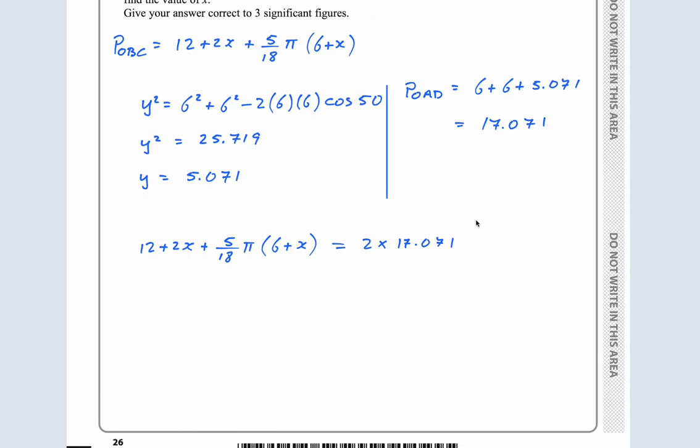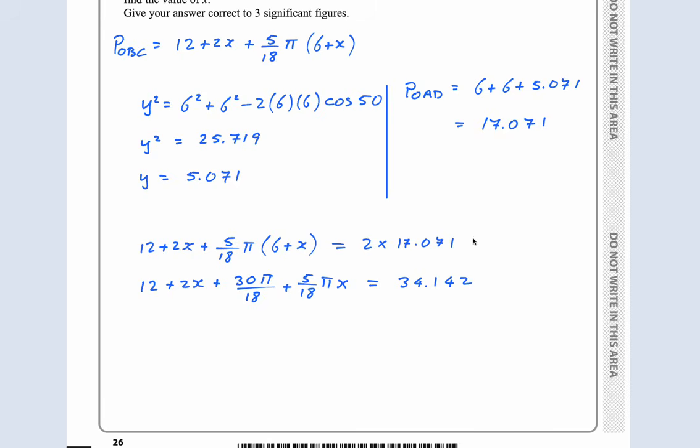That's my equation. Now I just need to solve this. First, 12 plus 2x plus, I'm going to multiply out this bracket. 6 times this is 30 pi over 18, plus 5 over 18 pi x, equals 2 times this, which is 34.142.